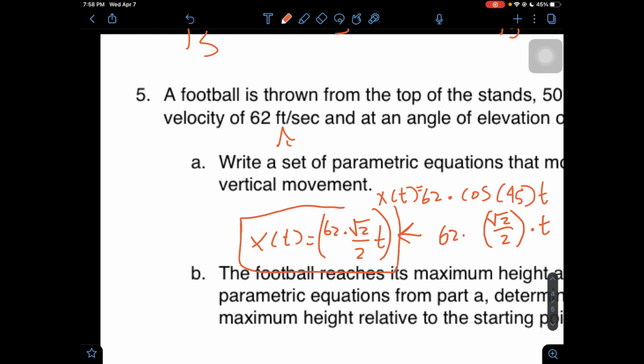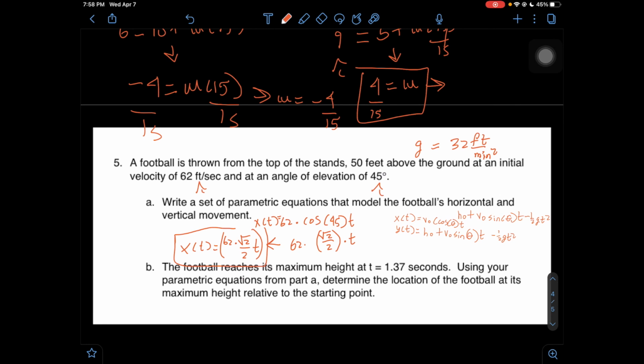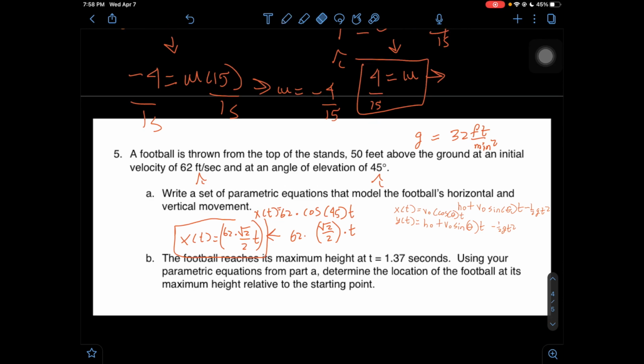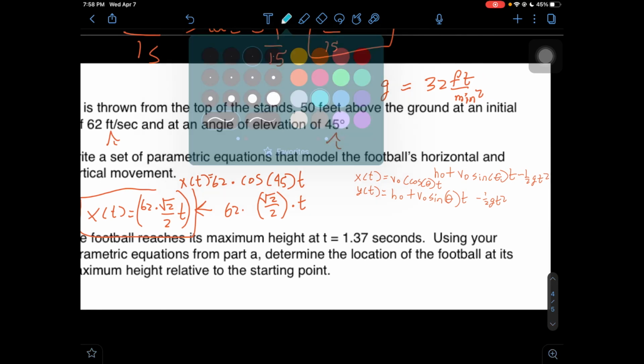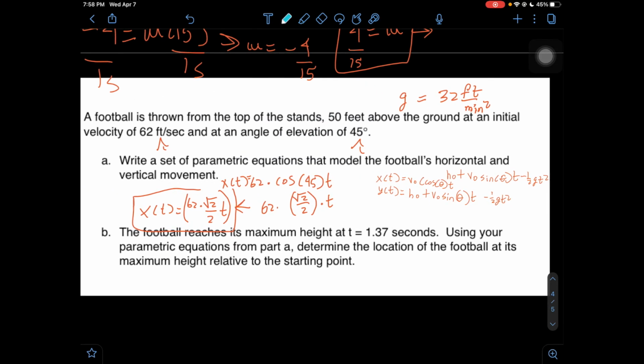Now let's do our y of t. If you remember, we wrote down y of t equals h naught plus v naught times sine theta times t minus 1/2 g t squared. Now we can substitute again. h naught represents your initial height, that's why there's a naught.